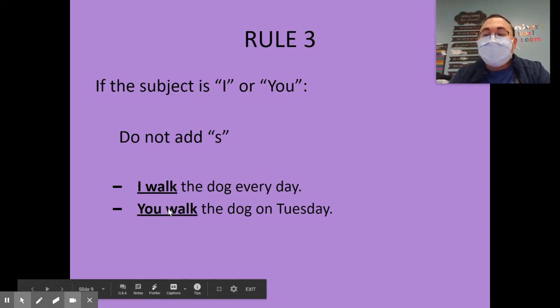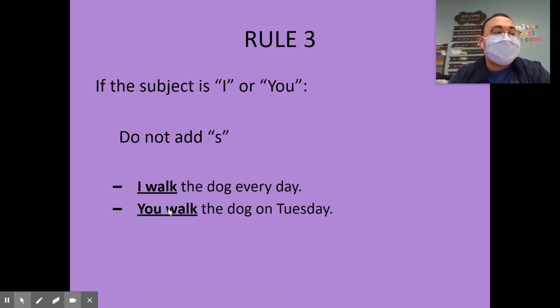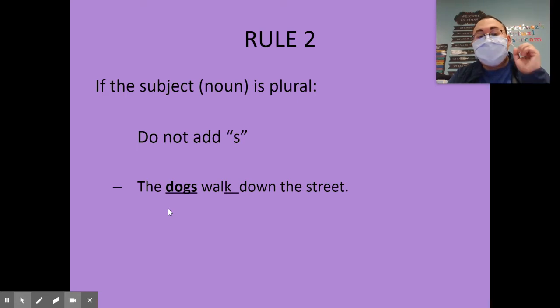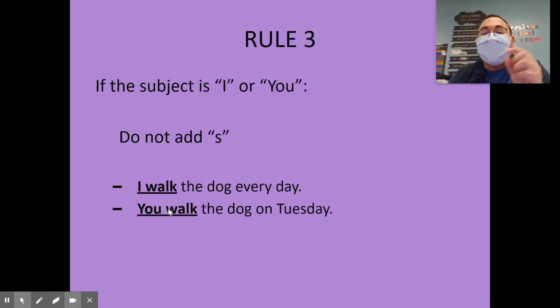So as you think about subject-verb agreement, singular, we add an S. Plural, we do not add an S, and I and you, we don't add an S as well, okay? So I walk, you walk, okay? That's the exception to the rule. Even though it's singular, we do not have to add the S, okay?